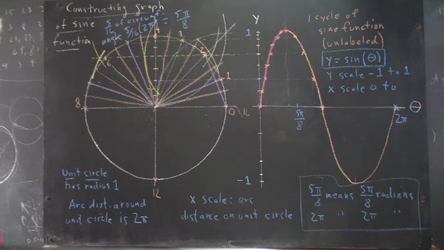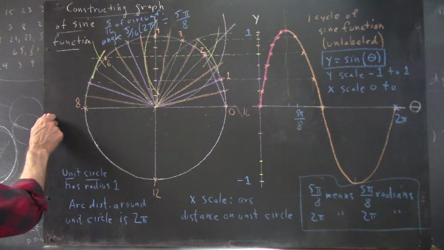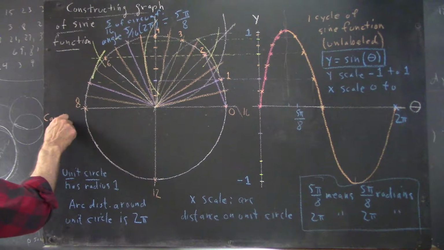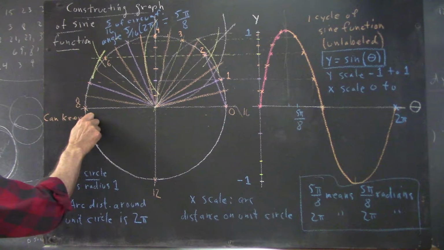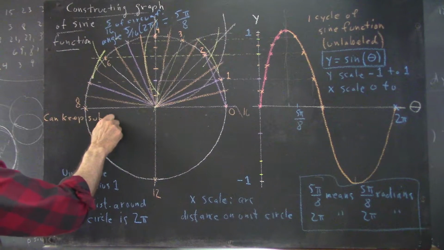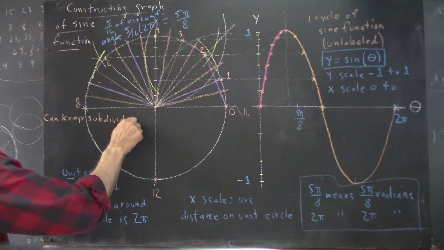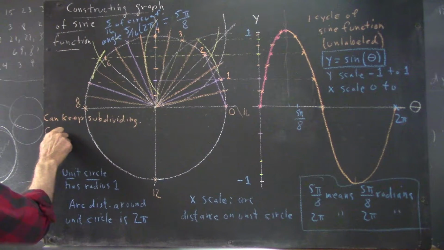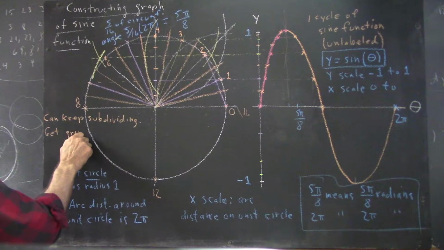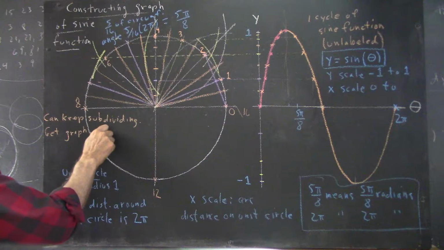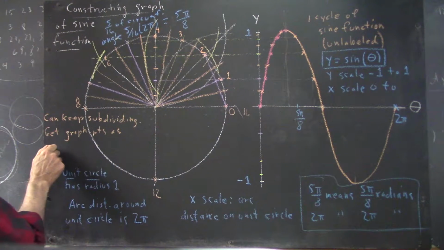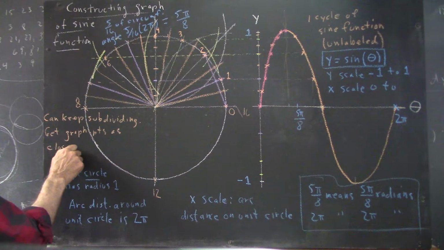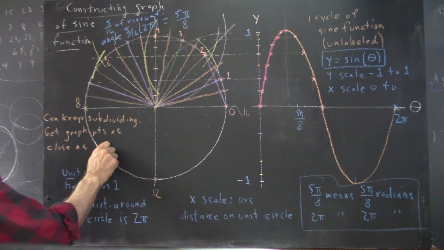So we can keep subdividing, and we can get the graph points as close as we wish.